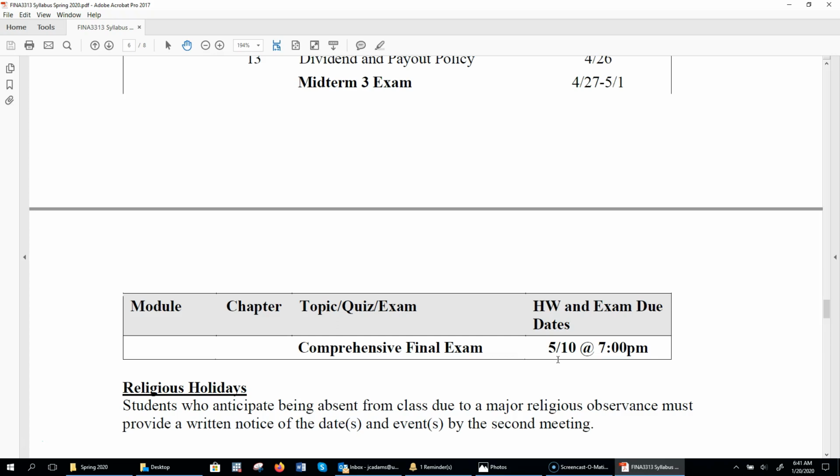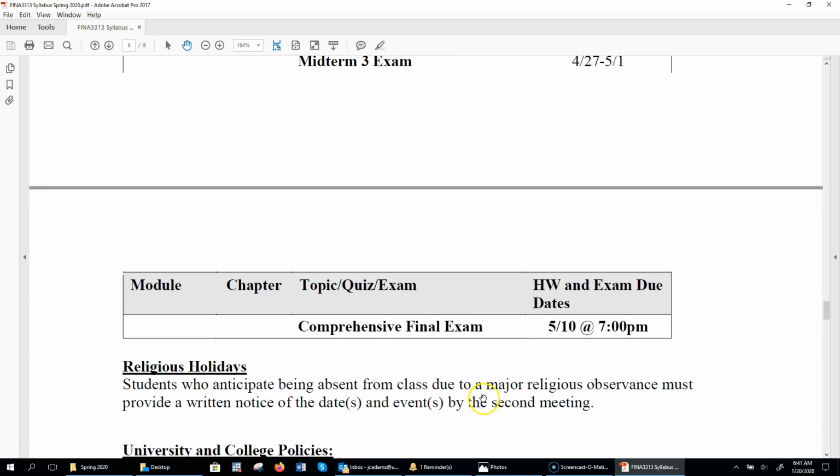So just mark your calendars right now for May the 10th so that you do not have to miss this exam. It seems like every semester somebody says, oh, I've got to work or something like that, like a week before the final exam. Make arrangements today to be free on May the 10th to take that exam.